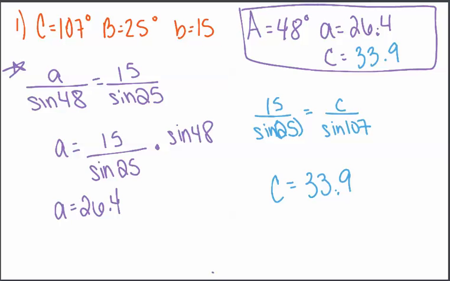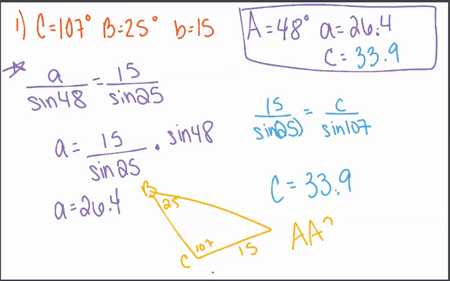Now, if we were to draw this triangle out, it doesn't really matter. We've got C here is 107. We could have B is 25. We would have side B is 15. So just by drawing out the given information, you see that we have an angle side relationship. Remember those from geometry.